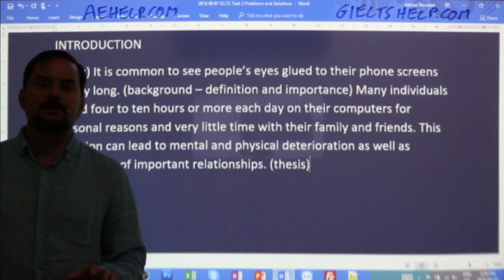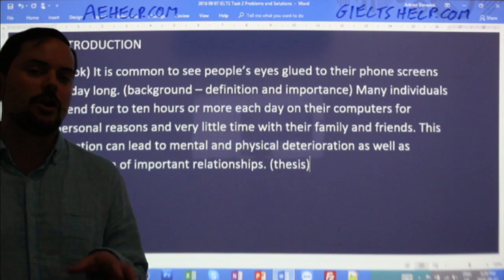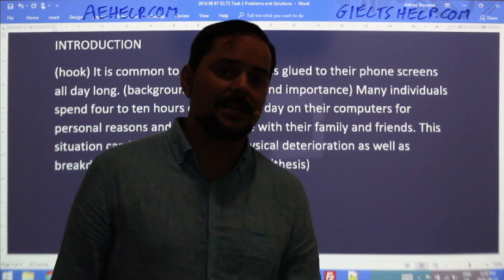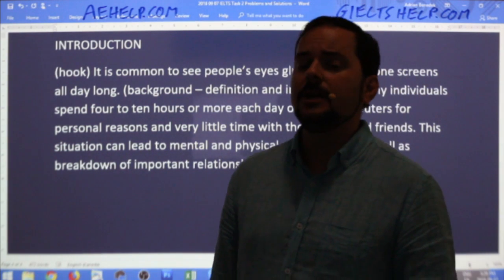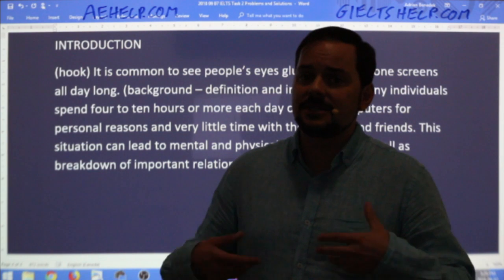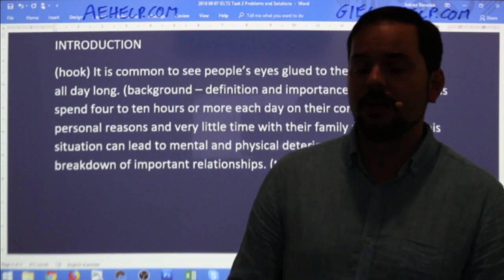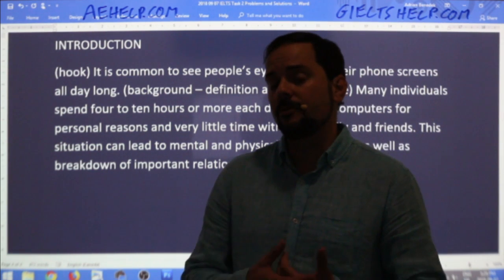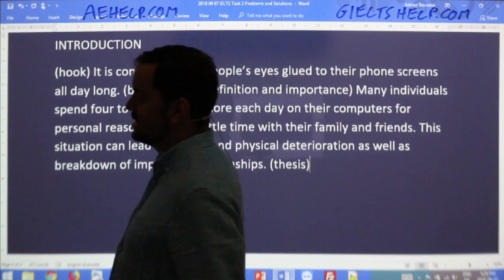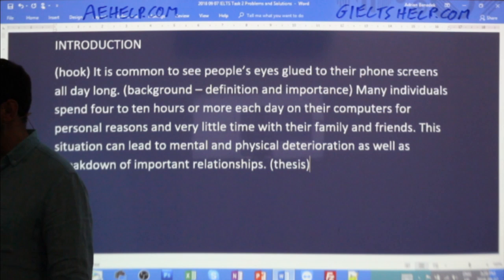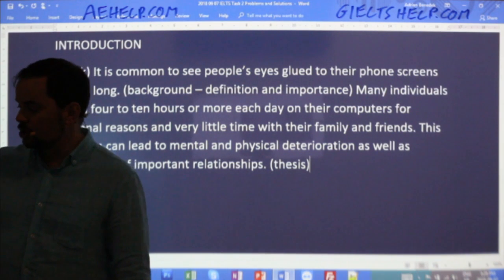I don't want to give you the thesis here because the thesis is arguably the most important sentence in your essay. Again, if you write a good thesis statement, a thesis statement is the statement of your argument here. And in this case, we're looking at a problems and solutions type essay. So our thesis has to focus on the problems and solutions.